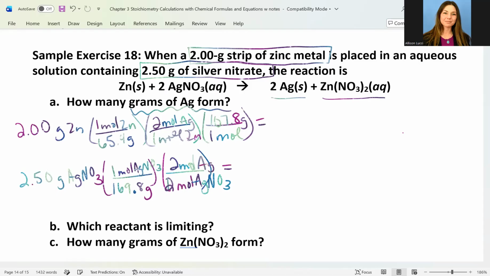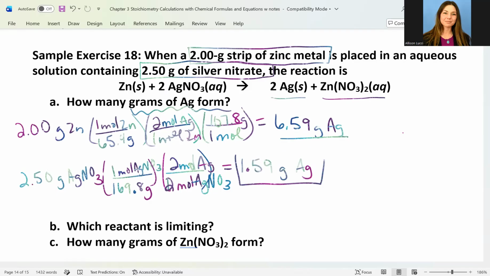So let's do the first calculation: 2 divided by 65.4, that times 2, and then that times 107.8 would give me about 6.59 grams of silver produced utilizing 2 grams of zinc. And then down here, if I multiply 2.5 times 2, divide that by 169.8, and then divide that by 2, I can find that 1.59 grams of silver would form.